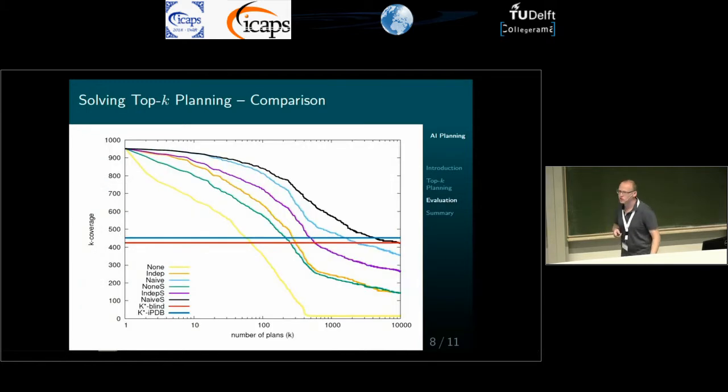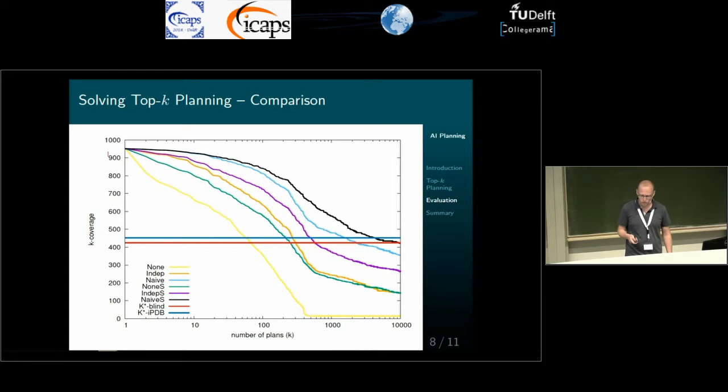So how does it work? This is any-k coverage. The x-axis shows the possible values of k, starting from 1 and going all the way to 10,000. The y-axis shows the number of tasks for which k plans could be found with different techniques.